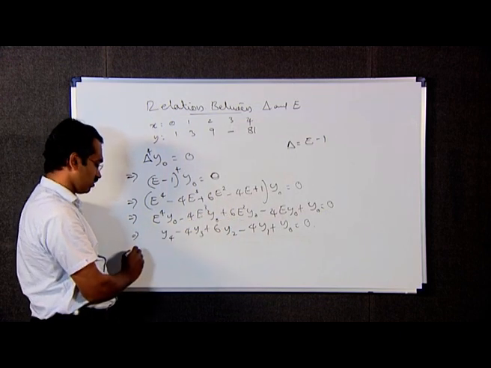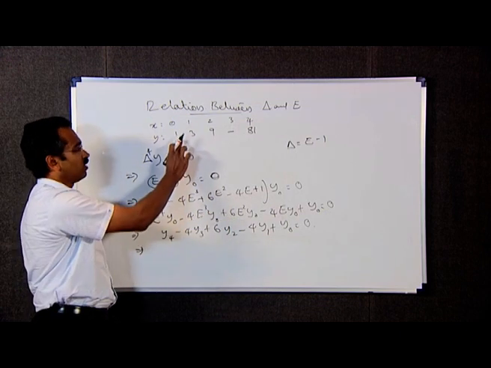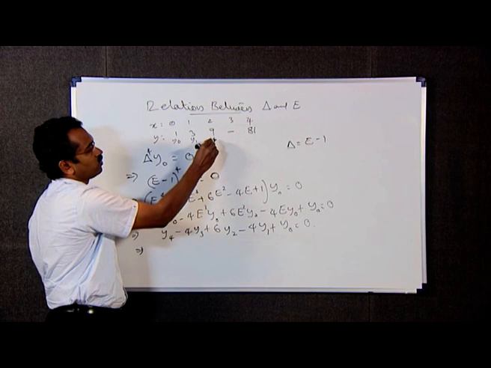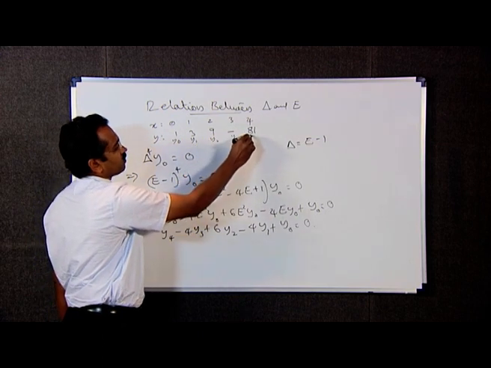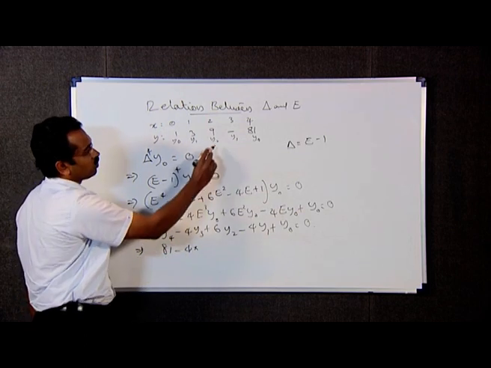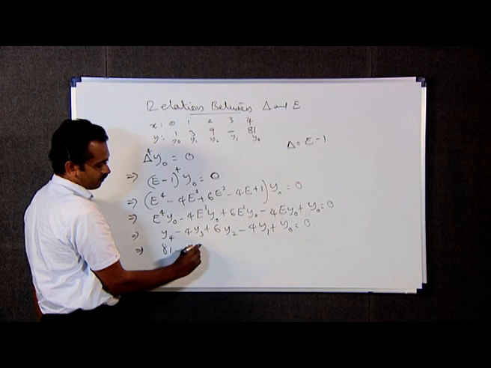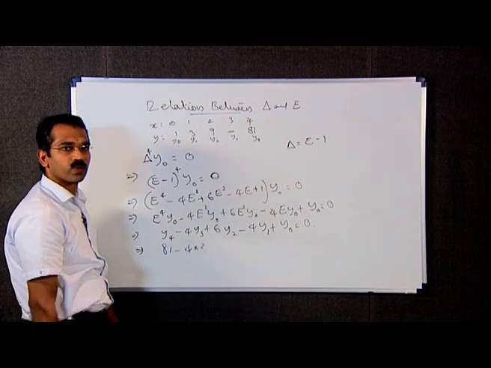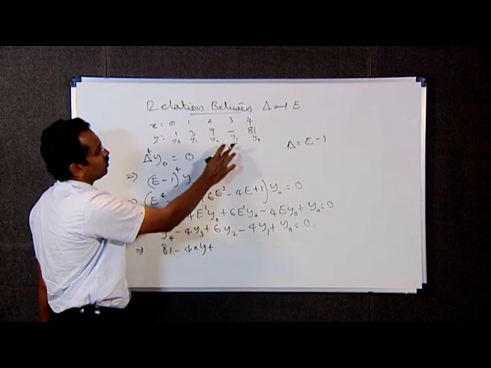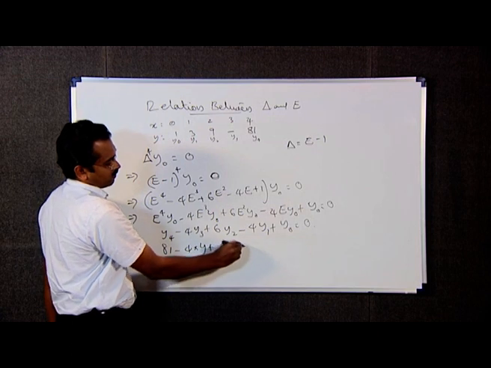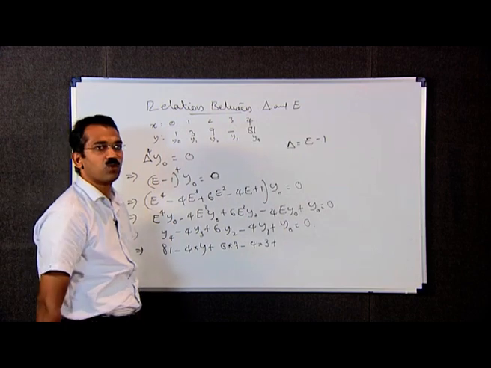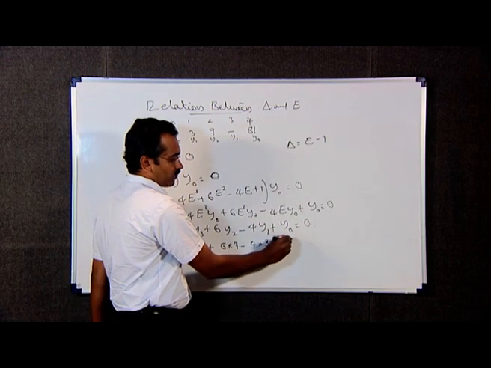By the substitution, y0, y1, y2, y3 and y4, y4 is 81 minus 4 into y3, which is missing, plus 6 into y2, y2 is 9, minus 4 into y1, which is 3, plus y0, which is 1, is equal to 0.